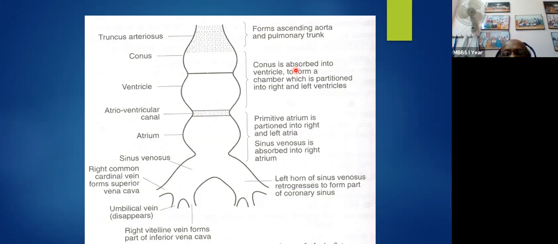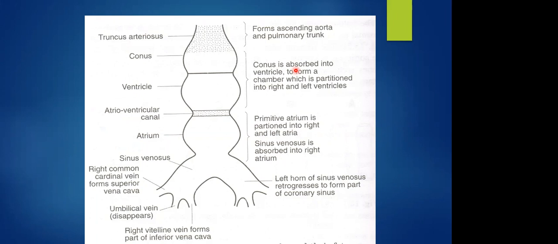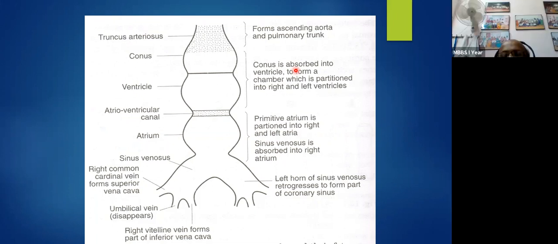Next, conus. Read about conus, one of you. Conus is absorbed into the ventricle to form a chamber which is partitioned into right and left ventricle. So the conus is absorbed into this ventricle. Here you see, you know that we have a right and left ventricle, but here there is only one ventricle.